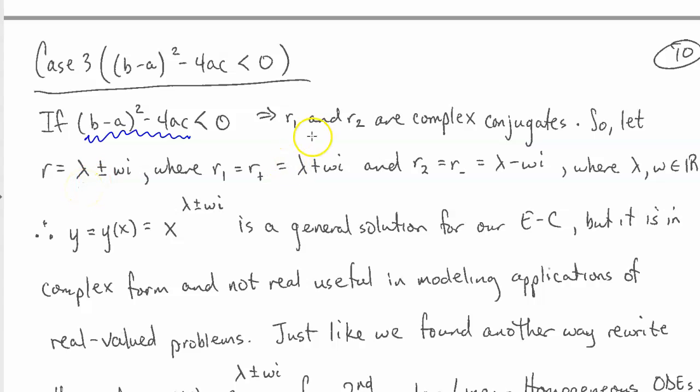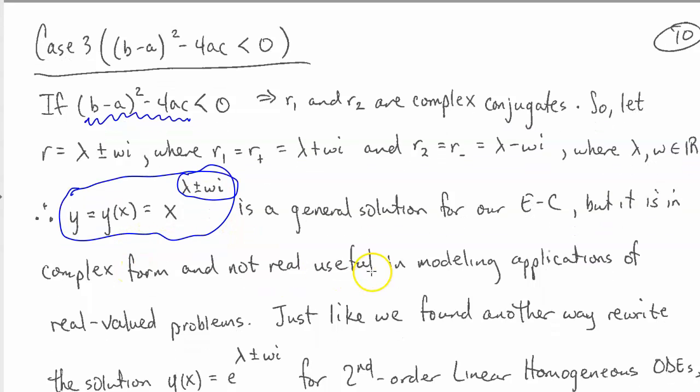In general, the solution to this equation type is going to be y is equal to x raised to the lambda plus or minus omega i. And of course, this is a complex number. If omega is 0, then it collapses to a real number. And if lambda is 0, then it collapses to strictly an imaginary number.